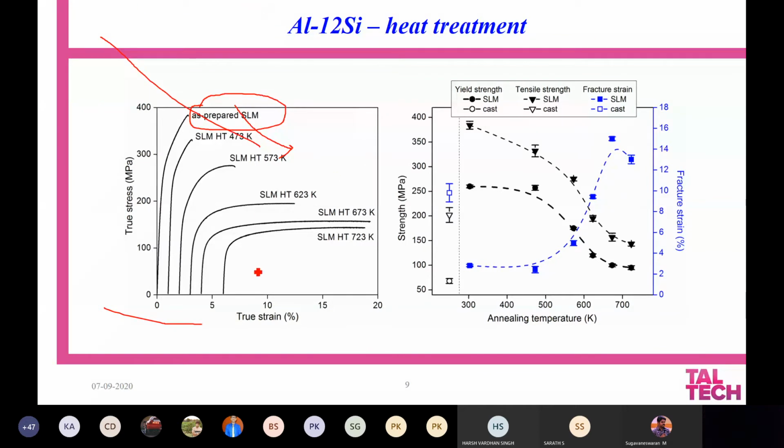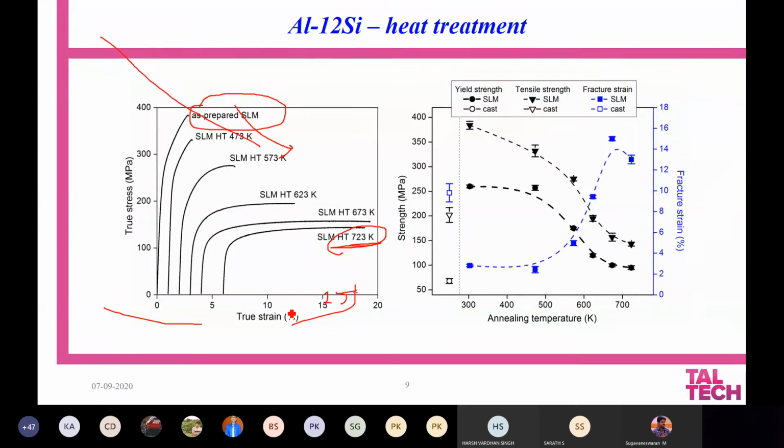For example, at 723 Kelvin, that is 473 degrees centigrade, you have nearly 25% ductility for a hypoeutectic composition, which is quite phenomenal.